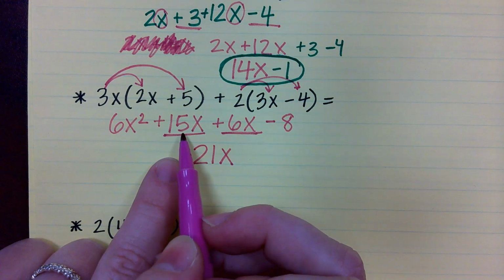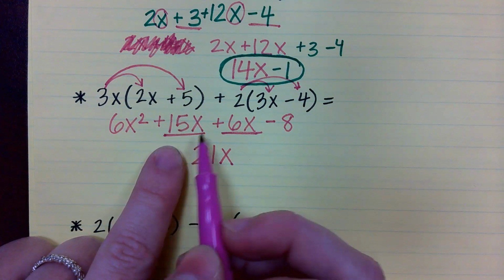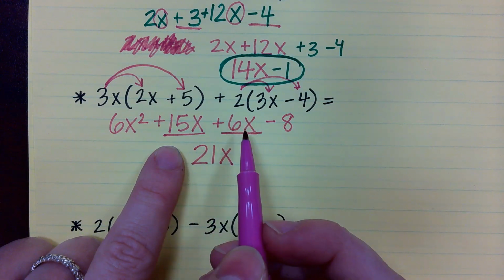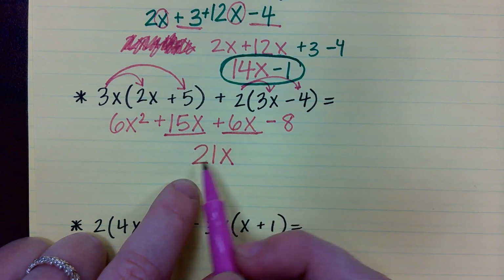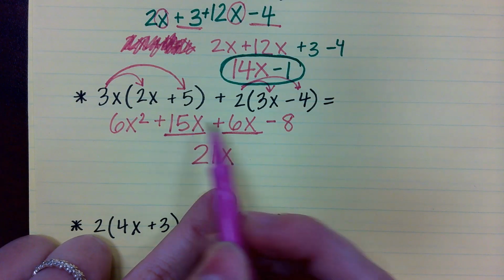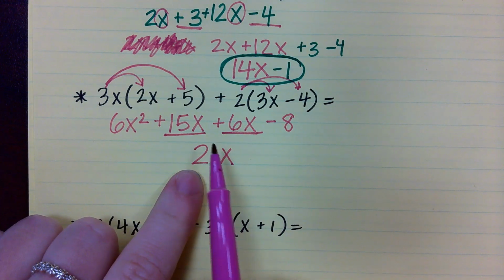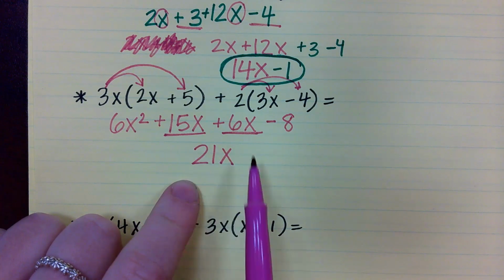If I have 15 x's and I add 6 more x's, that's going to give me 21 x's. I only added. When I multiply, that's how the x turns into an x squared. Whenever I just add an x, I'm just getting more x's.